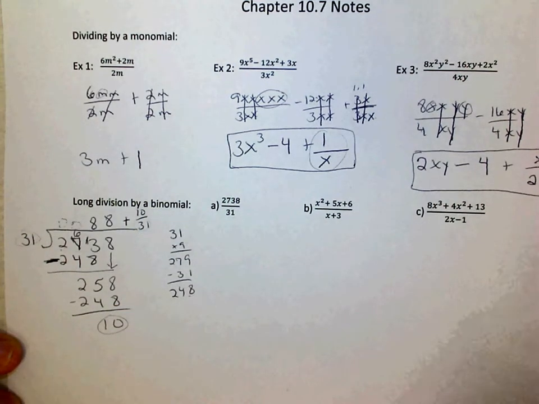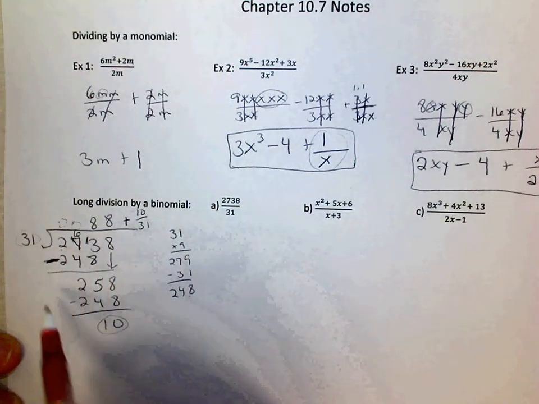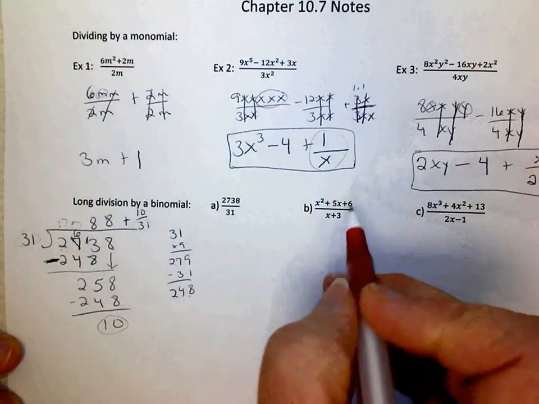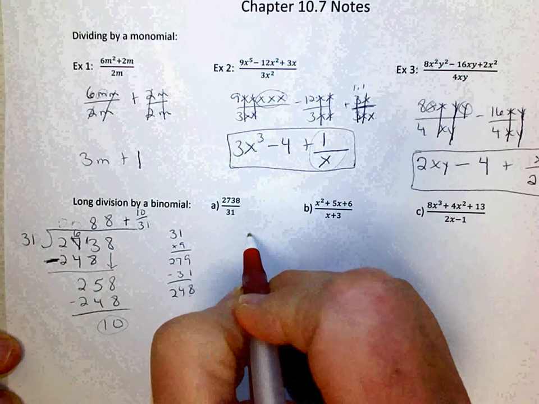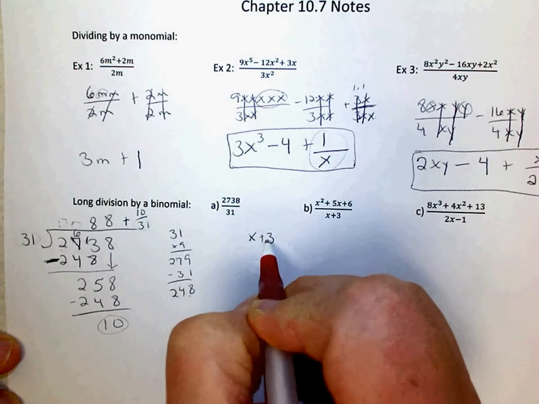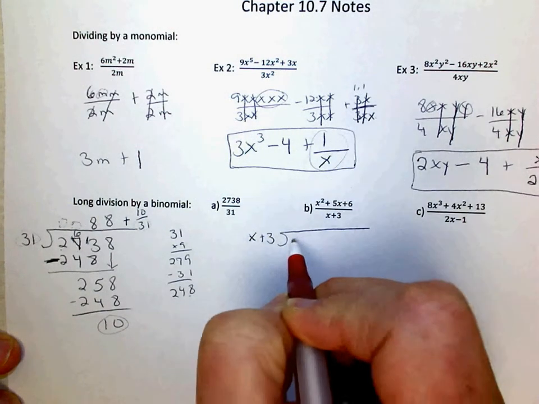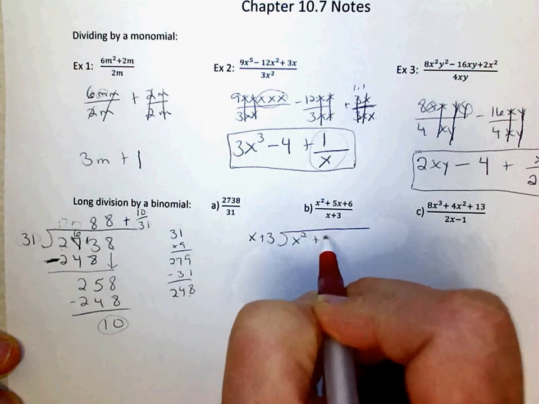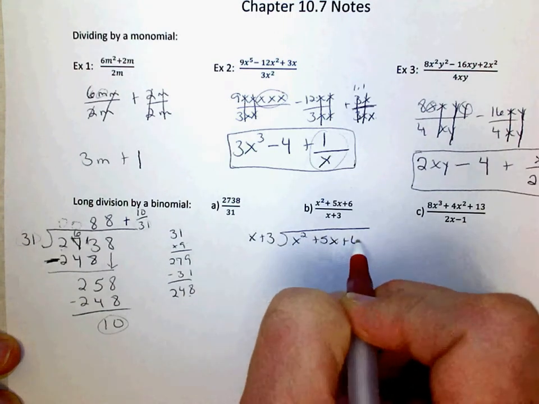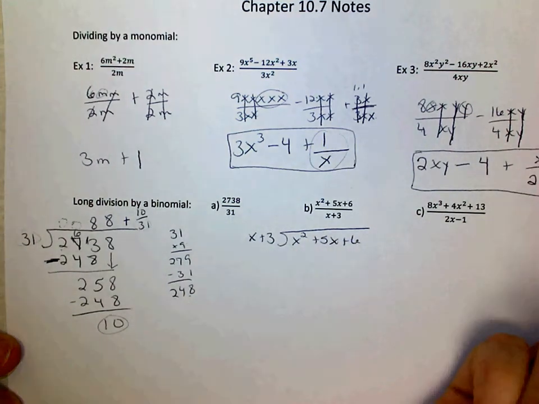So the same process as we went through here, we're going to go through here, except in one way, it's actually easier than with real numbers.